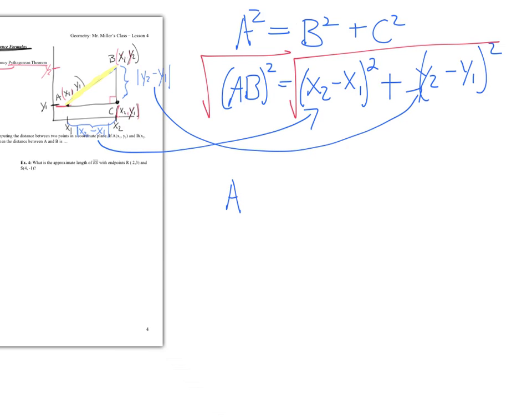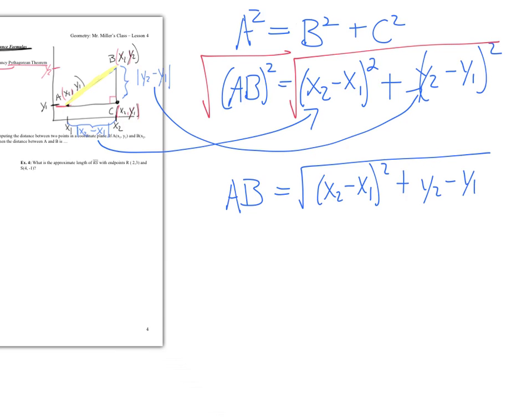So the square root of a square is the value. So AB equals the square root. And because we haven't done anything to the other side, we don't want to undo anything. So x2 minus x1 squared plus y2 minus y1 squared. Okay, there's my distance formula.